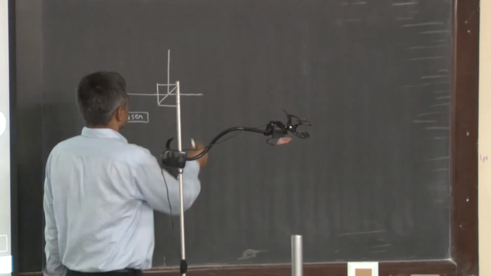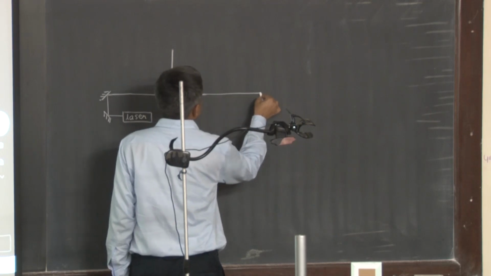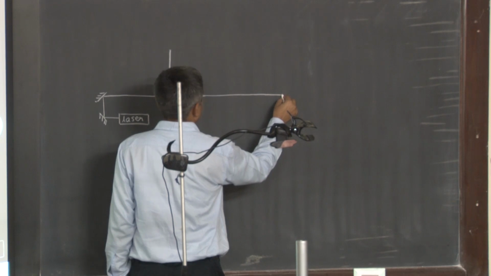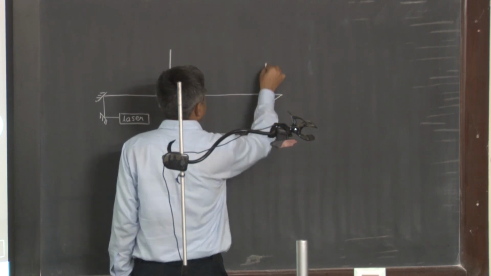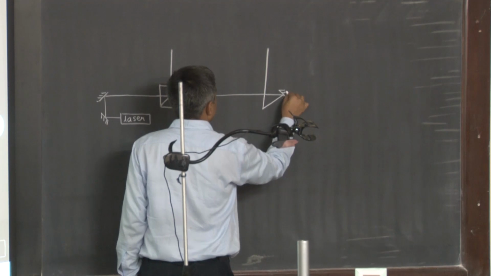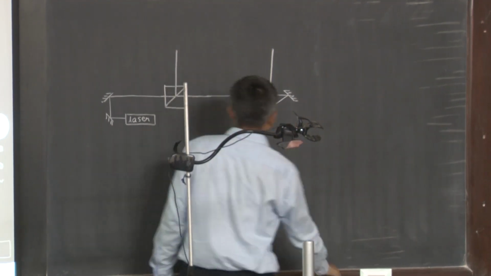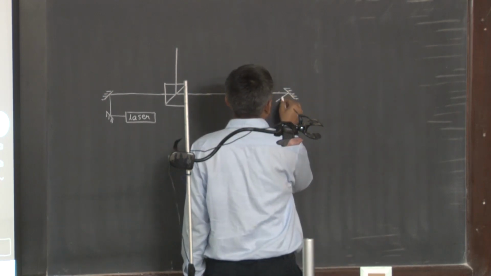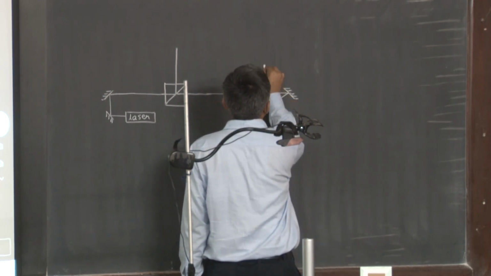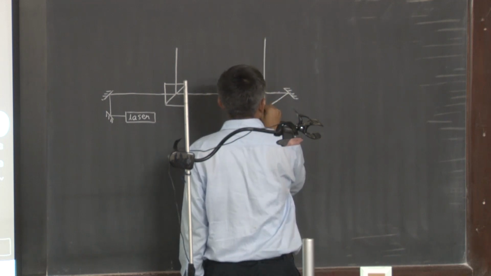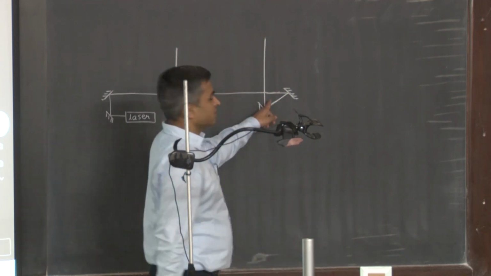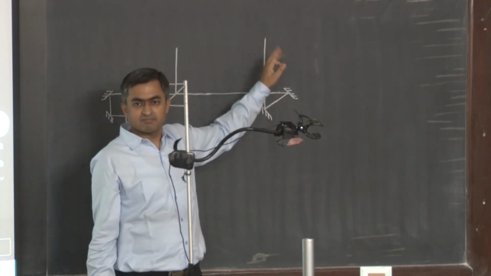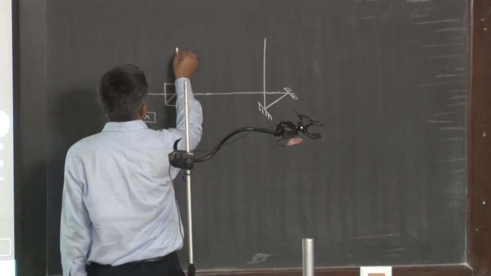And then on this side, you put a mirror like this. Again, not necessarily theoretically, but to make the light go in a straight line, you need these arrangements experimentally.